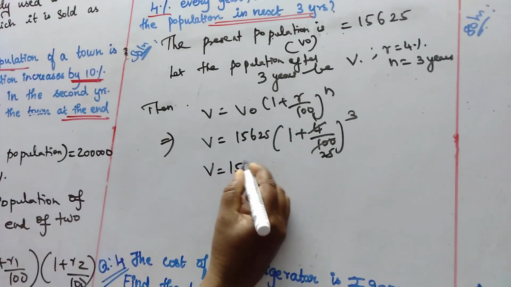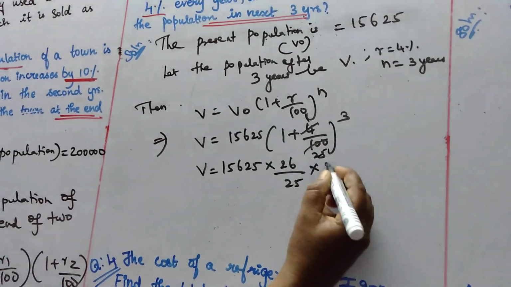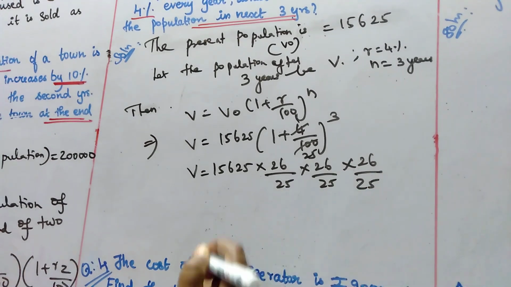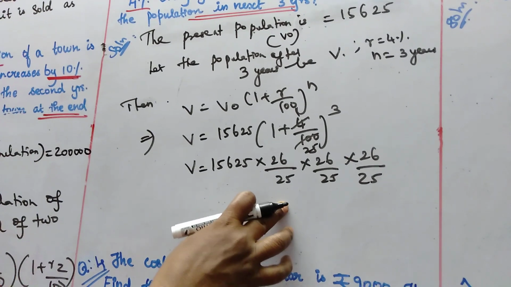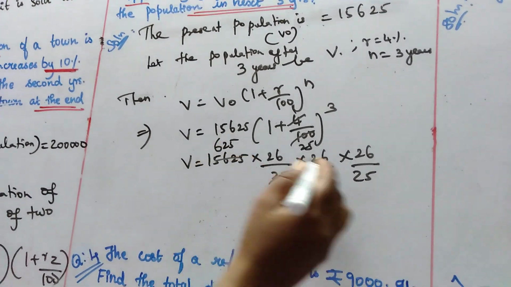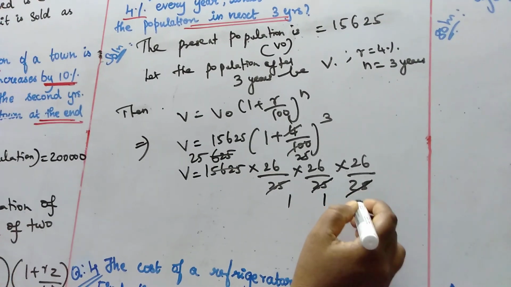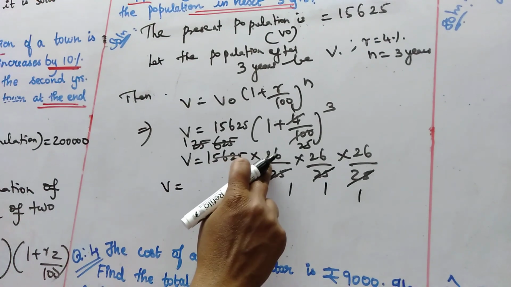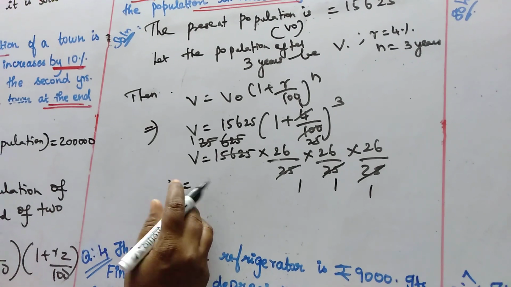So V equals 15,625 into 26 by 25 into 26 by 25 into 26 by 25. If you cancel this by 25 table, we get 1 time, here 625 by 25 table is 25 times, then 25 table 1 time, here 1 time. If you multiply 26 into 26 into 26, that is cube of 26.